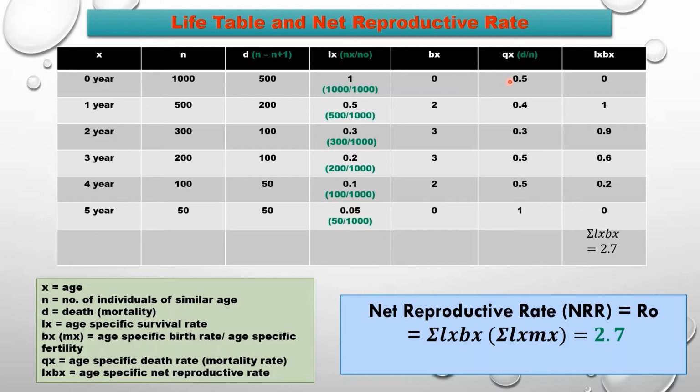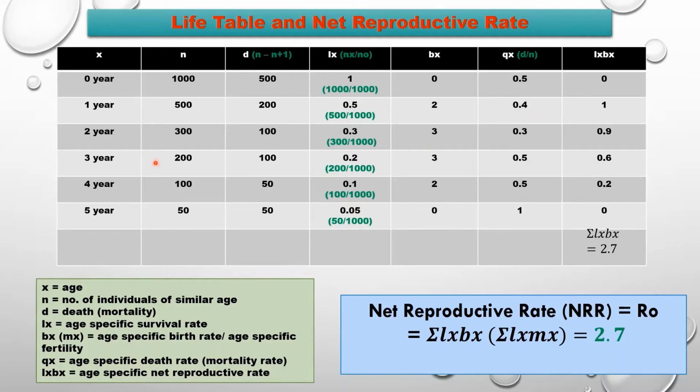Next is QX. QX means D by N. So in 0 year D is 500. So 500 by N, 1000. 500 by 1000, 0.5. In 1 year D is 200. 200 by 500, N is 500. So 200 by 500 is 0.4. So QX 0.4.